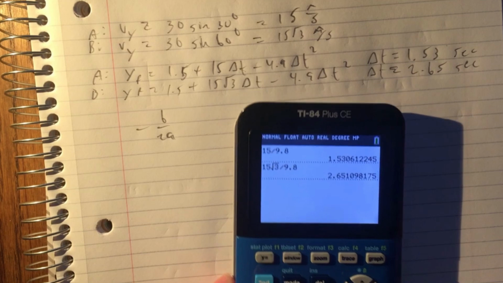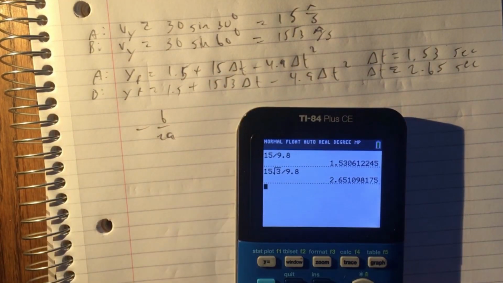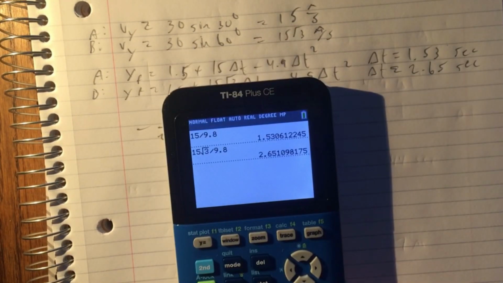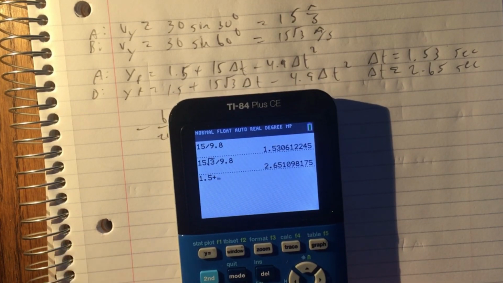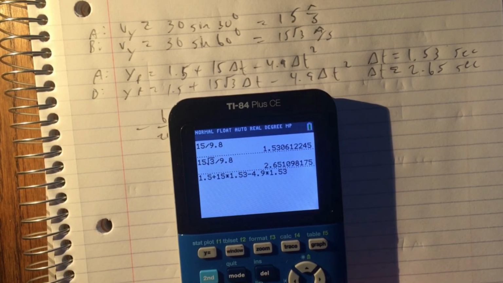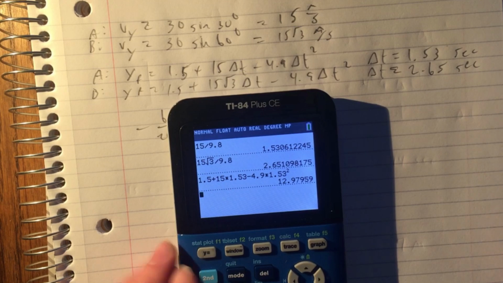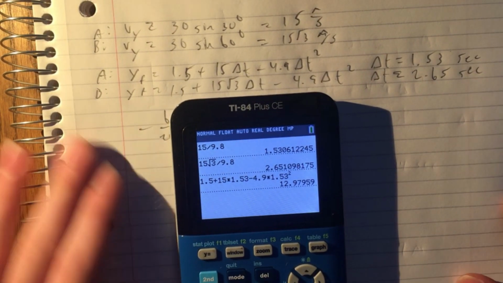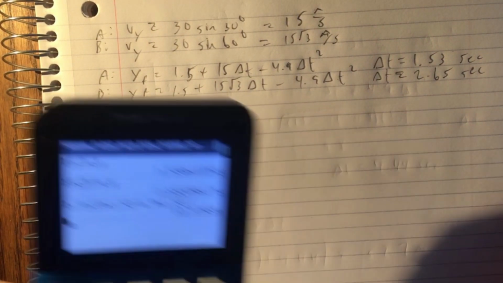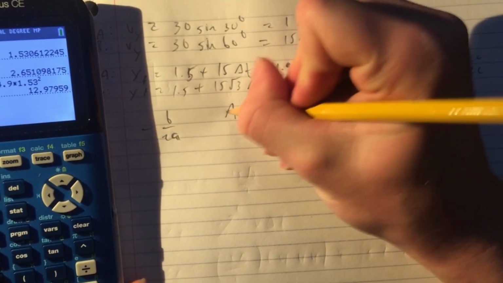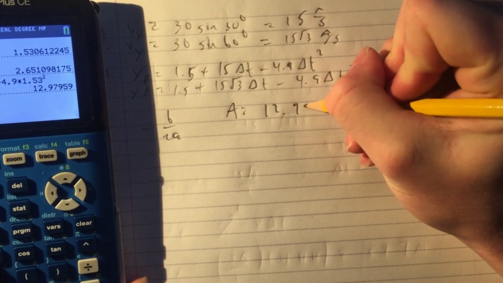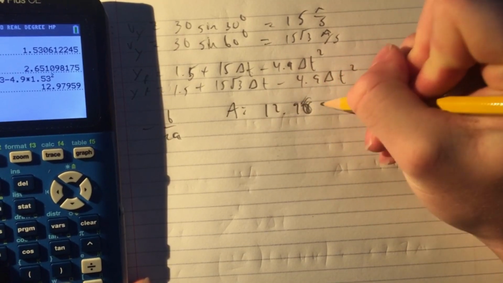Okay, now we just plug these into the original equations here. So for A, we have 1.5 plus 15 times 1.53 minus 4.9 times 1.53 squared. And so we have for A 12.998 meters.